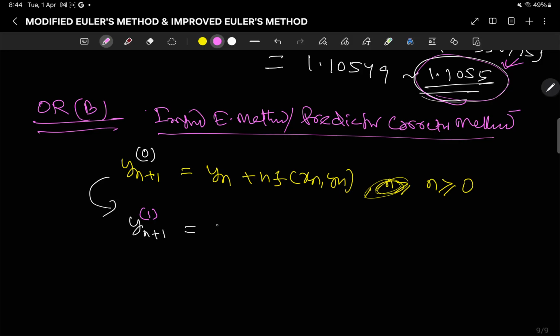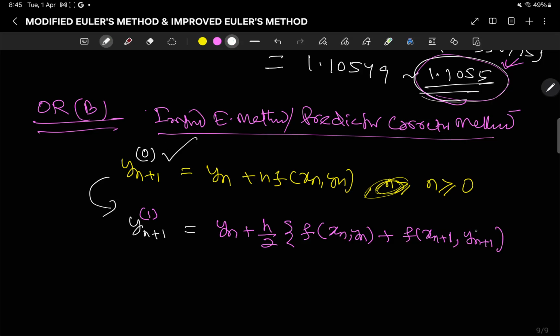The first correction is y(n+1) equal to yn plus h by 2, this average of the slopes I am taking: f(xn, yn) plus f(xn+1, yn+1), and this yn+1 I have to take.